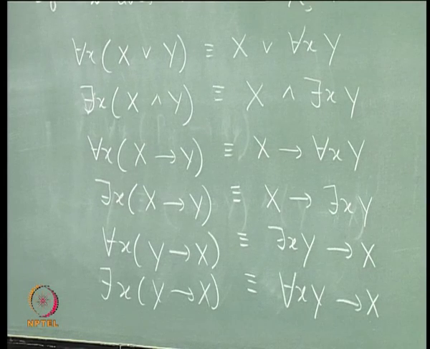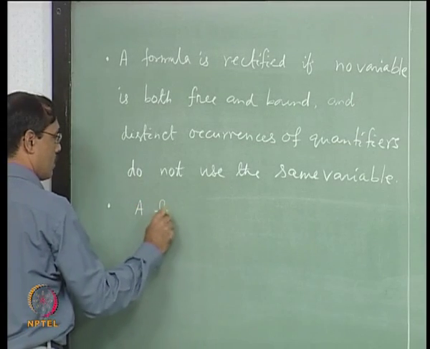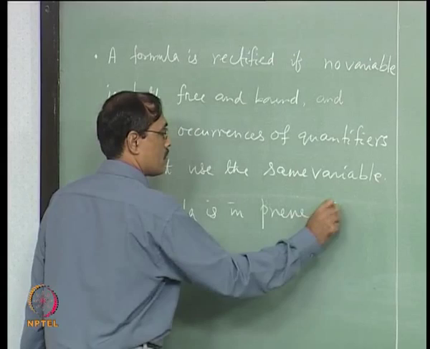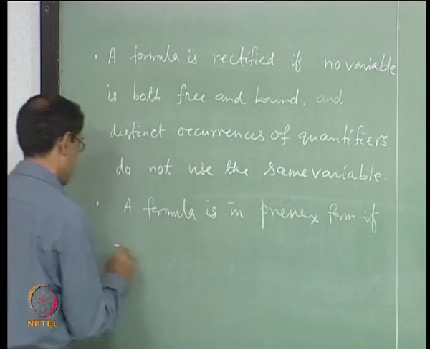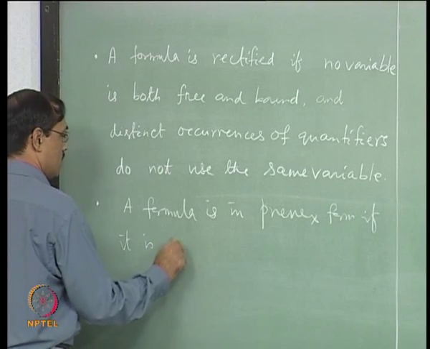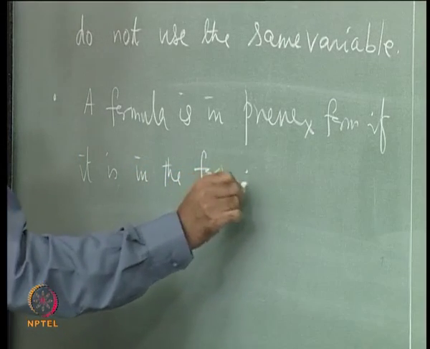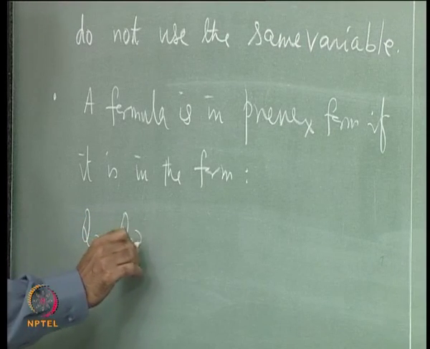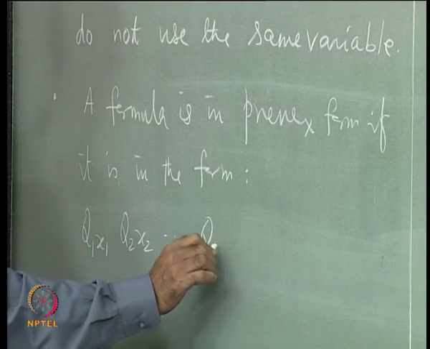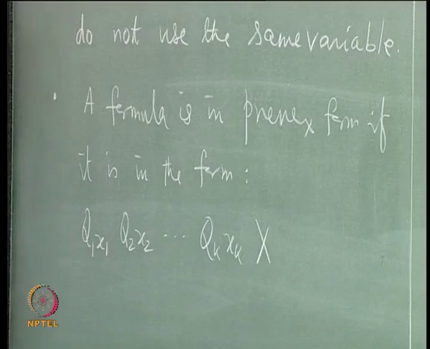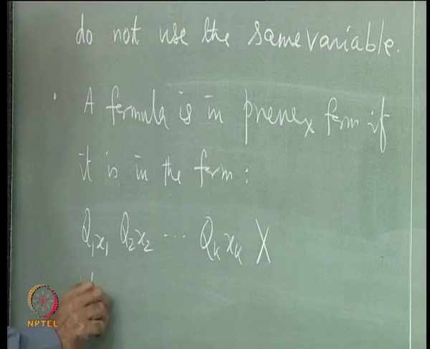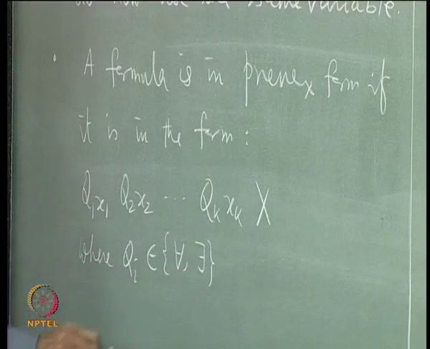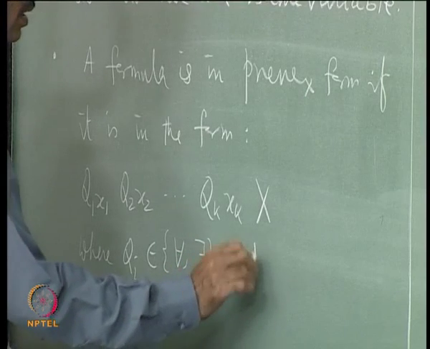So, we say that a formula is in prenex form if it is in the form Q1 x1 ... Qn xn X, where each Qi is either for all or there is, and X does not contain any quantifier.